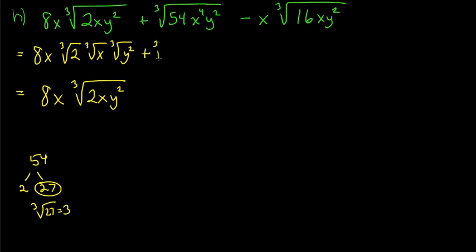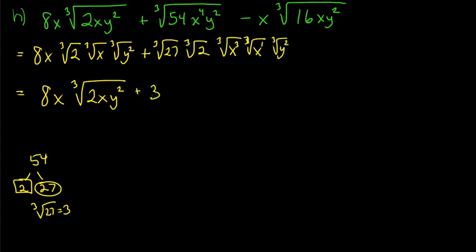So this is going to be the cube root of 27 times the cube root of 2, right? That's this 2 here. And then the cube root of x to the 4th, you can write as the cube root of x to the 3 times the cube root of x to the 1. And then the cube root of y squared, we can leave that alone, right?